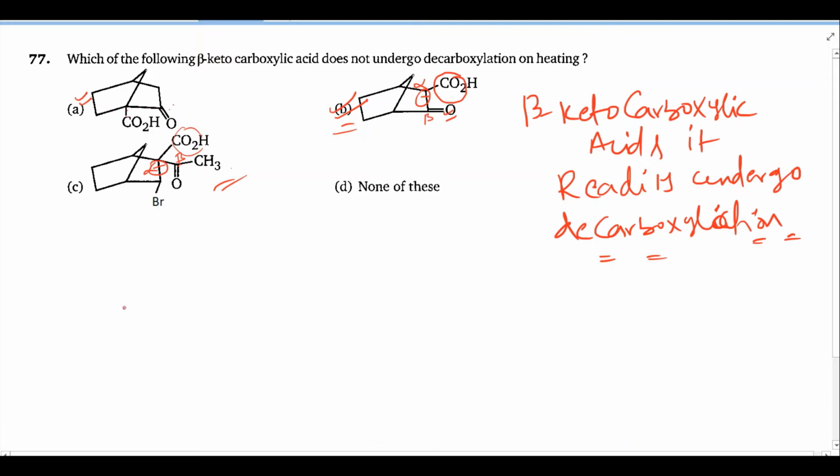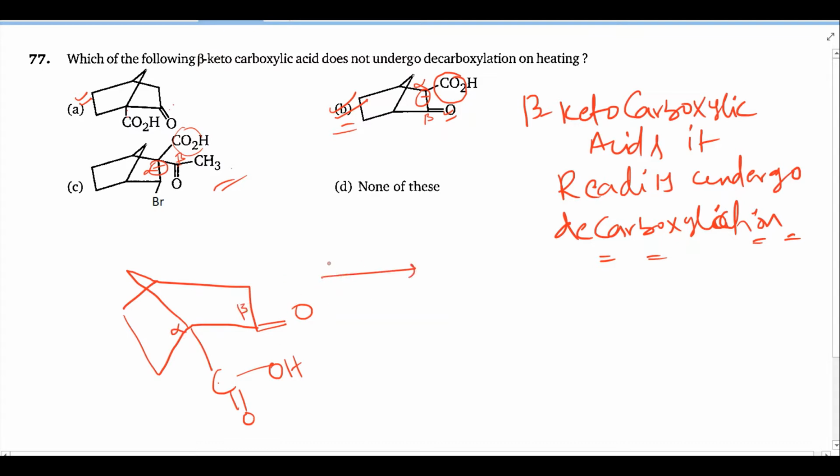I will write it. Here, this is the functional group side carbon, alpha carbon, beta carbon. So this is also a beta keto carboxylic acid, but there is no reaction.